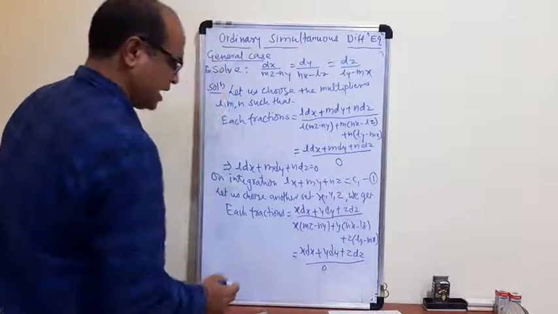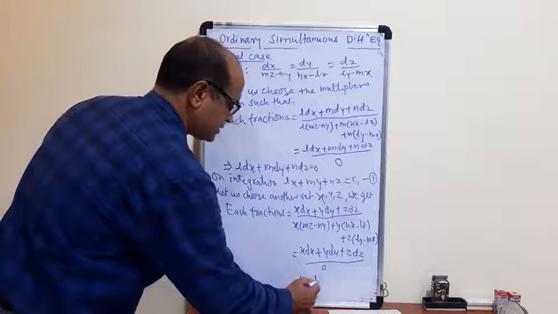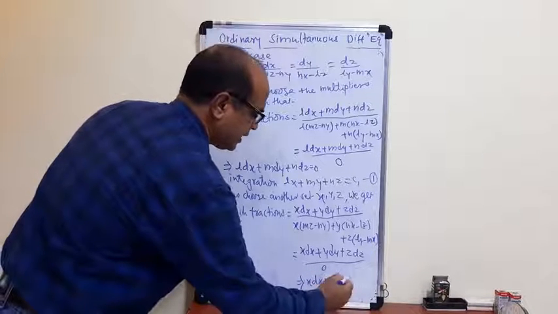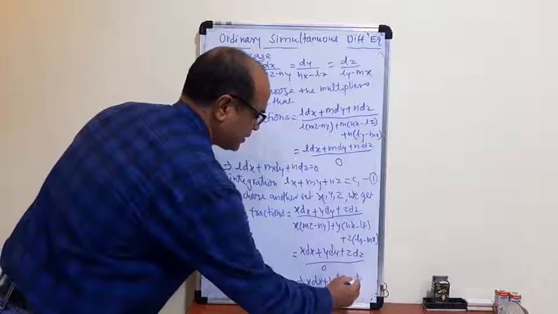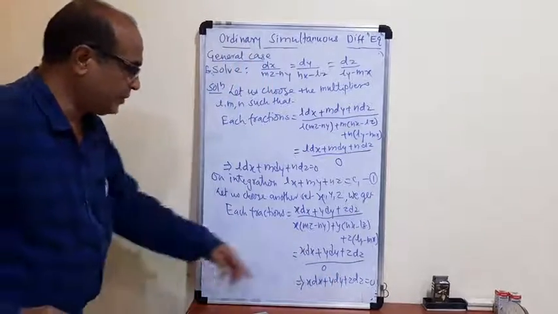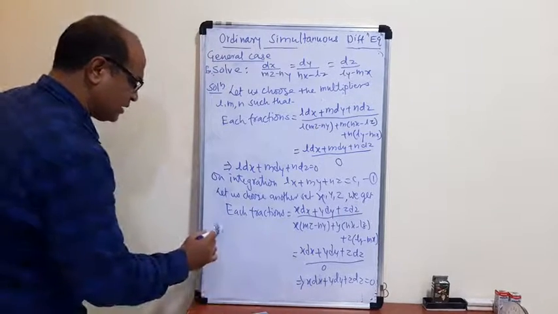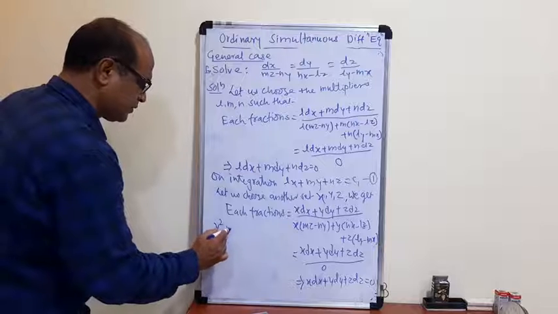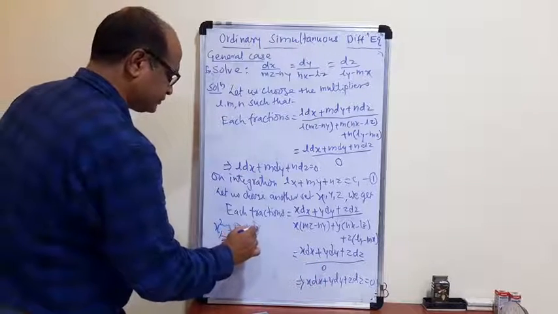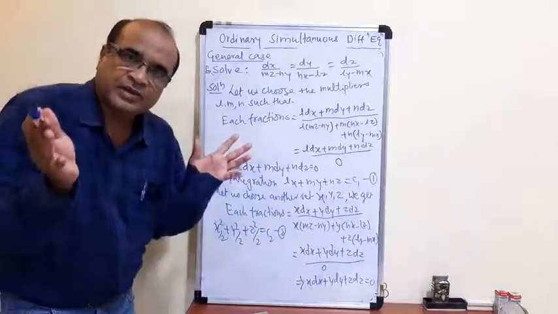This implies that x dx plus y dy plus z dz is equal to 0. On integration, x square by 2 plus y square by 2 plus z square by 2 is equal to C2. This is another part of the complete solution.